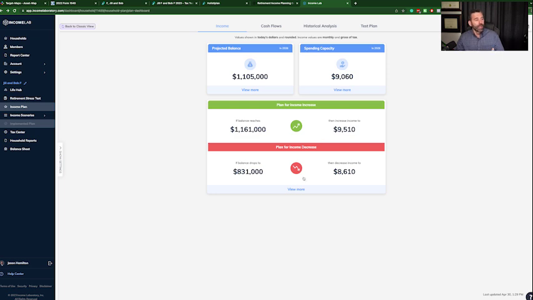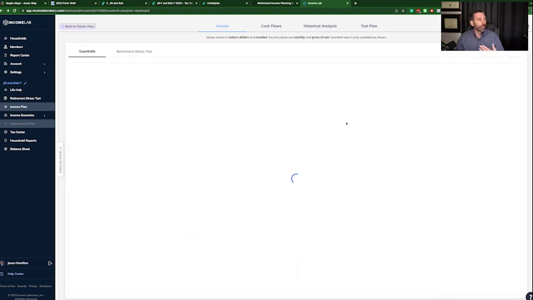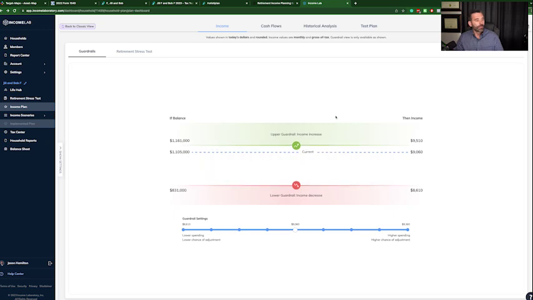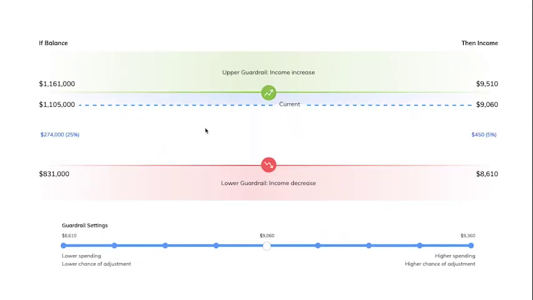And so what I mean by the guardrails philosophy is that if their accounts increase, so they're expected to be at $1,105,000 by the time they retire. Well, if their accounts go up 5% and go to $1,161,000, then we can increase their income at that point by $450, which happens to be 5%. And that would bring their income level to $9,510.